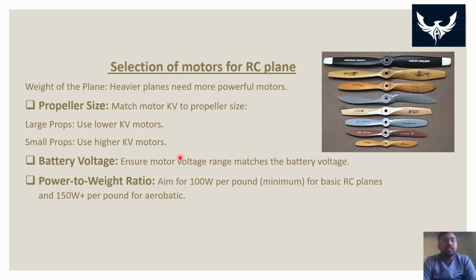Power to weight ratio: we use 100 watts per pound minimum for basic RC planes, and 150 watts plus per pound for aerobatic.